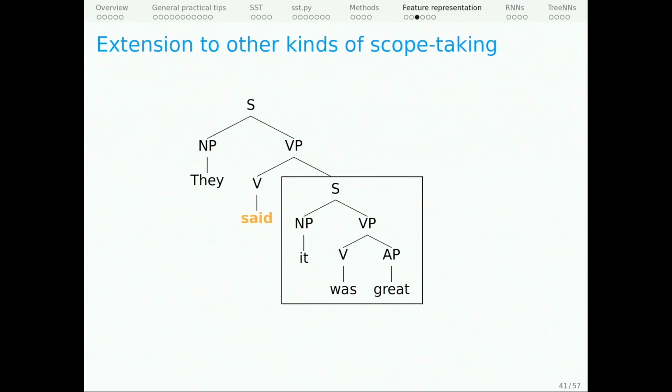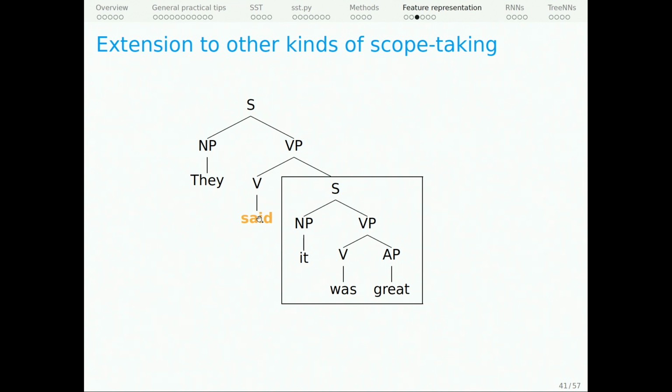And that's a very general idea. There are lots of things in language that take scope in this way, that have semantic influences over the things that are next to them in the tree. We touched on this last time. "They said it was great" is not a speaker commitment to it being great, whatever it is, because of this verb of saying.